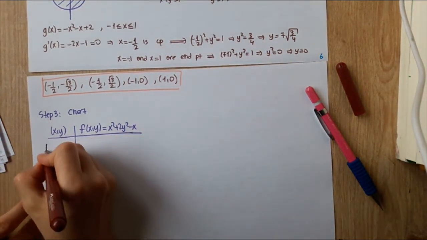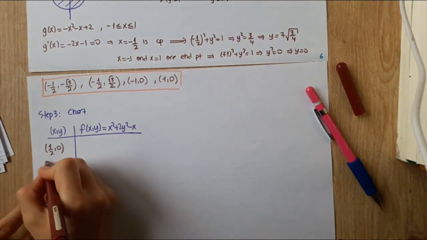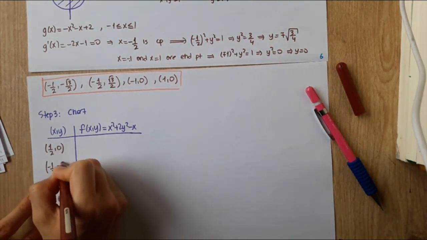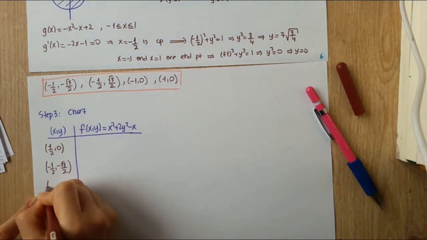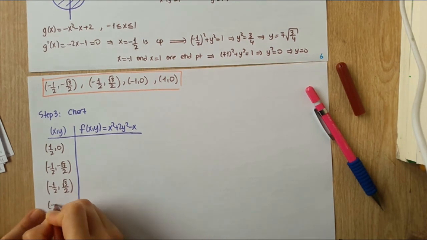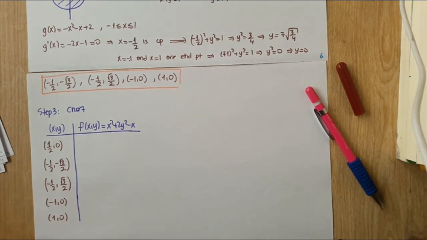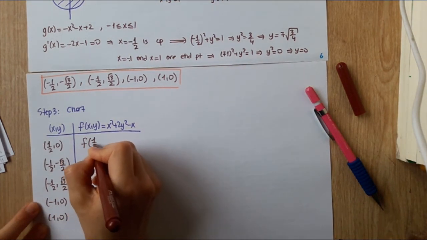First of all, I have 1 over 2, 0. And then I have minus 1 over 2, minus square root of 3 over 2. Then minus 1 over 2, square root of 3 over 2. And minus 1, 0 and 1, 0. We have 5 different points. So at these points, my function takes the following values.